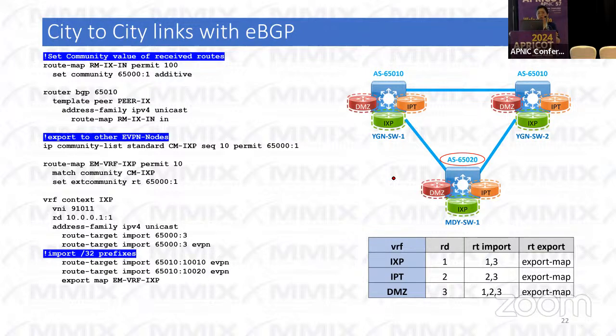So, for city to city with eBGP, this is a major problem I found and had to solve after I set up eBGP. Before eBGP, or with iBGP, we didn't notice this kind of problem.